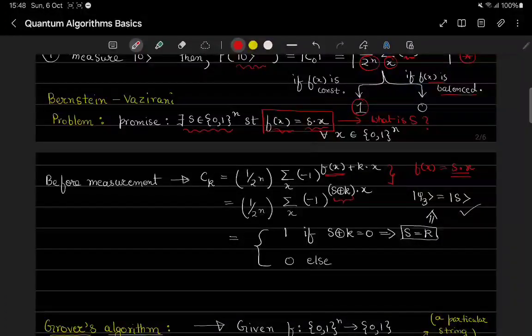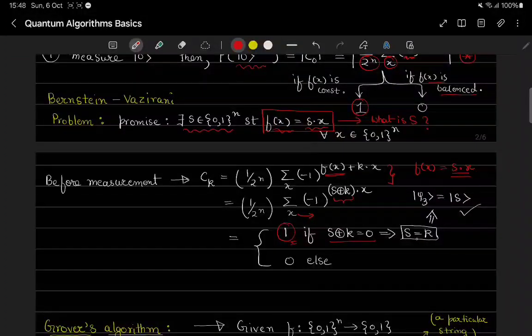So this is like a distributive law of multiplication over addition, just in the case of binary. And this is 1 if s plus k is 0, because if this is 0, this factor goes out, and the sum over all the bit strings of length n is 2 power n, so you will get 1.